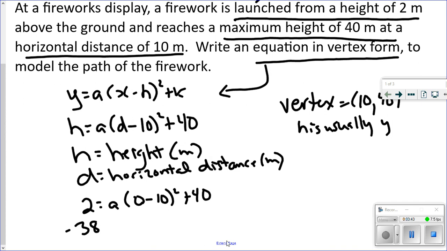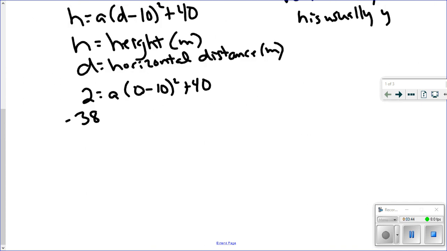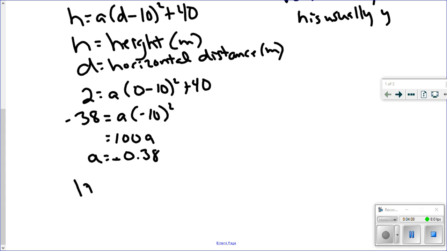And then turn around and solve for A. Now, I do encourage you to work with fractions, but in this case, when you're dividing by 100, it gives you a nice easy decimal, so why not just use that decimal? And there's our equation in vertex form.